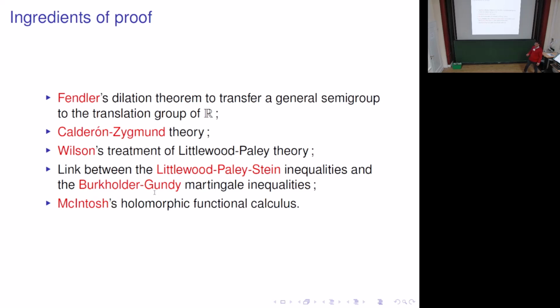This is the so-called Burkholder-Gundy martingale inequality. Finally, I just mentioned the cotype case of the first part. For the remaining parts, for the type case and also for the semigroup itself, we will use the McIntosh holomorphic functional calculus.